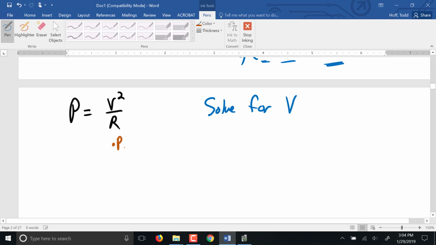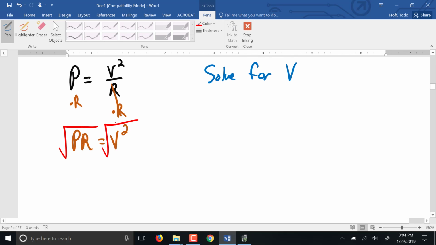I'm going to multiply by R. So the R cancels out over here. P times R is just PR. All that's left on the right side is V squared. To get rid of the squared, we have to square root. So the square root and the squared cancel out, leaving me with V over there. It's the square root of P times R. So we could express it as V equals the square root of P times R.